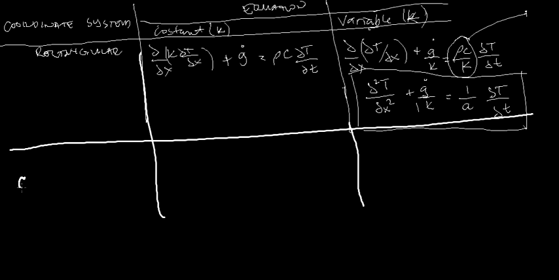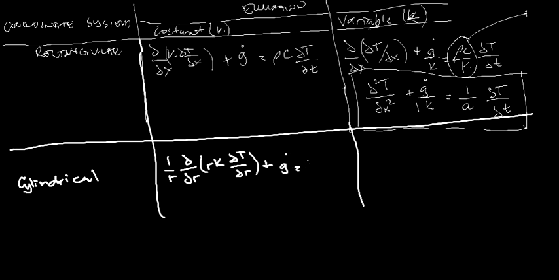For the cylindrical coordinate system, following the same concept of calculation, we can express this equation, and we will have 1 over r, where r is the radius, the partial derivative with respect to r of r k dT/dr plus heat generation is equal to this term, rho c dT/dt.